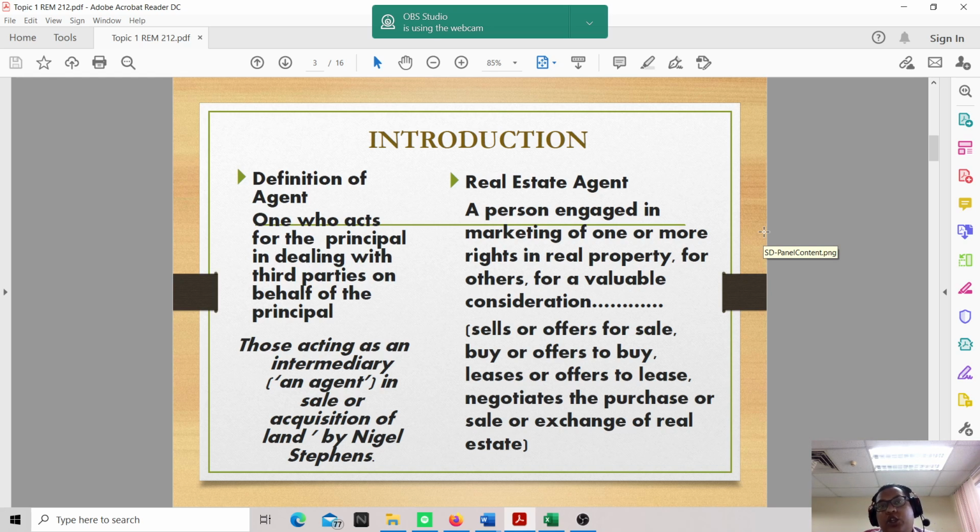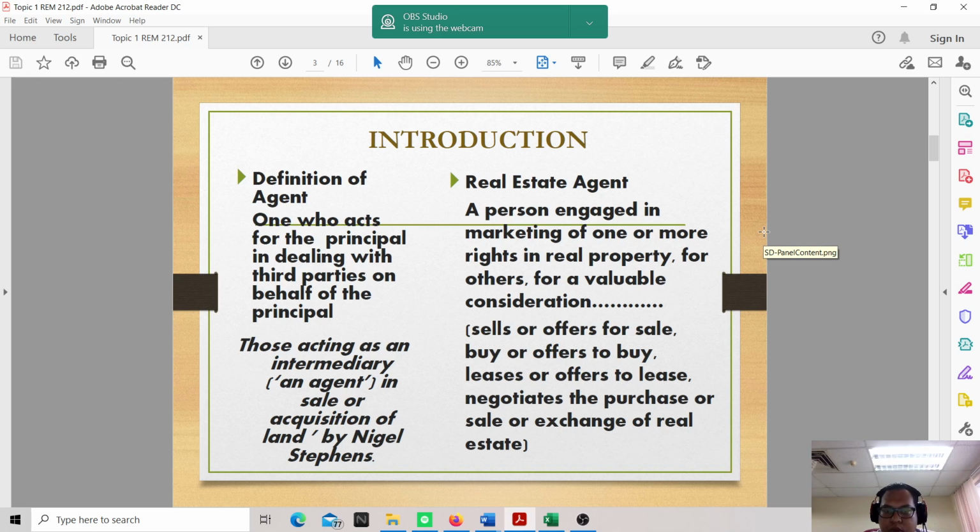So if you are not a registered estate agent, let's say you are a broker, which is illegal, you can charge whatever amount of fee that you want. But bear in mind, if you are caught by the board of valuers or even the police, then of course you will be prosecuted under the Valuers, Appraisers and Estate Agents Act. You can be liable for imprisonment and also a fine if you are operating as an unregistered estate agent or unlicensed broker.